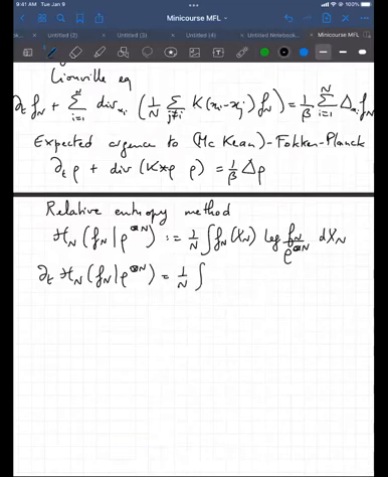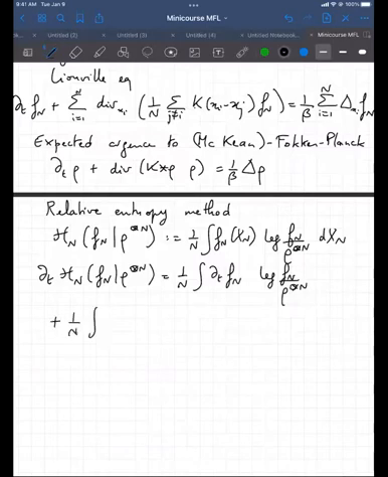First you have to differentiate in time Fn multiplied by this. I dropped the xn here. And second, you have to differentiate log Fn. So you're going to have 1 over n integral of Fn, dt Fn divided by Fn.